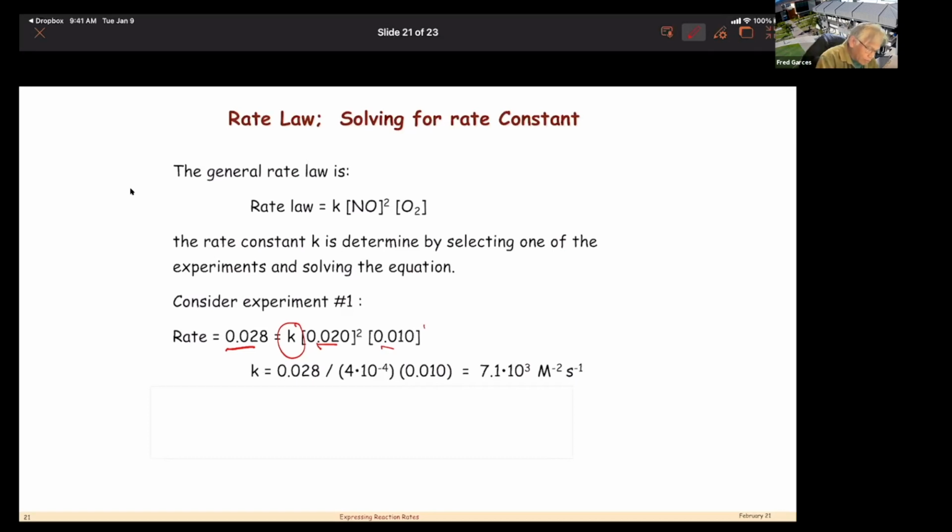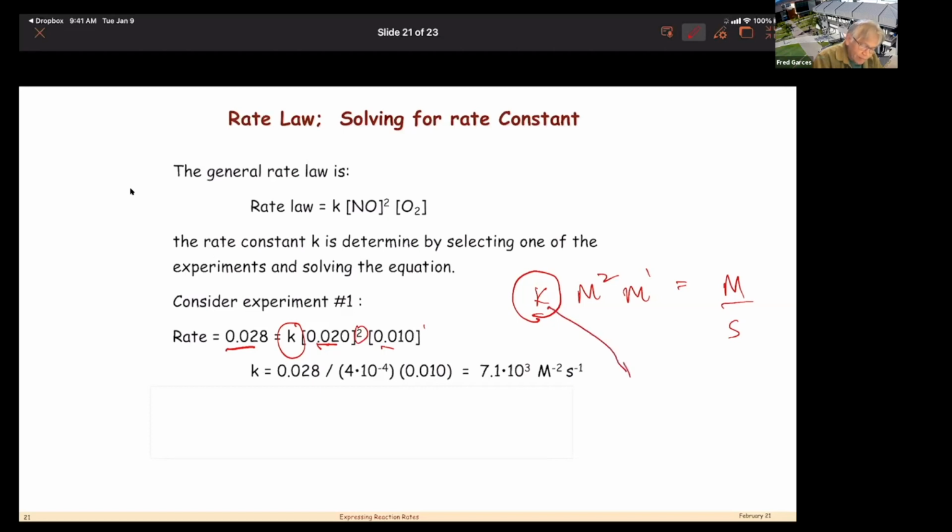Now, this K times molarity squared. Where did I get molarity squared? That's the 2 right there. And then remember, these brackets mean molarity to the first, and that is equal to molarity per time, and let's say our time is seconds. So what unit times molarity squared, molarity to the first, gives us molarity per second?